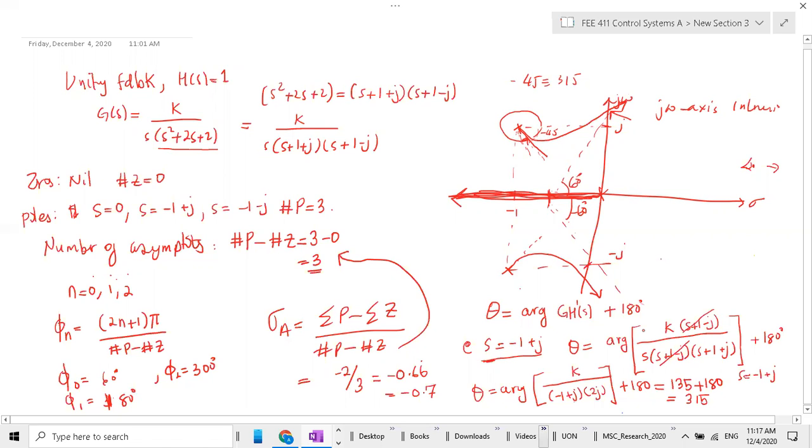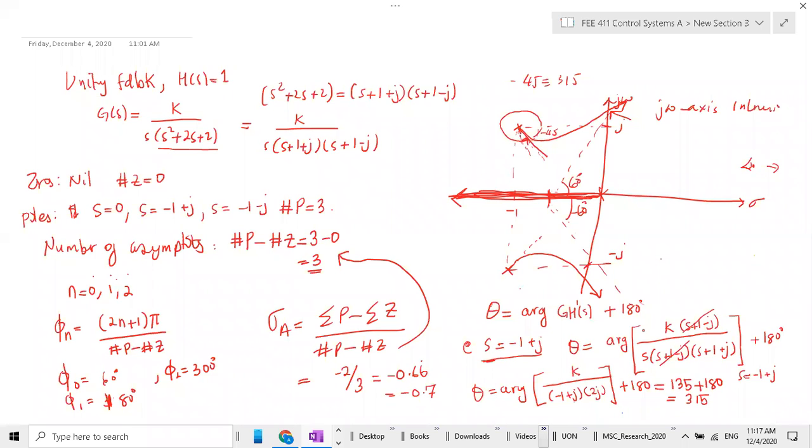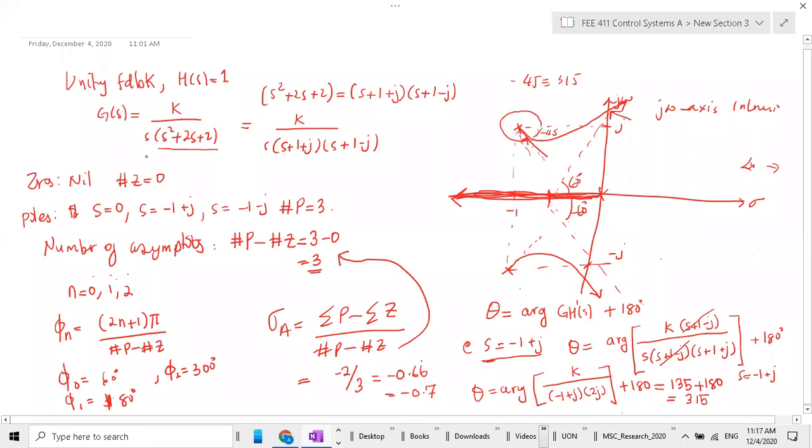Excuse me, sir, I have a question. How did you get the S plus 1 minus j in the numerator of the equation for angle of departure? From here, this is our open loop equation, right?